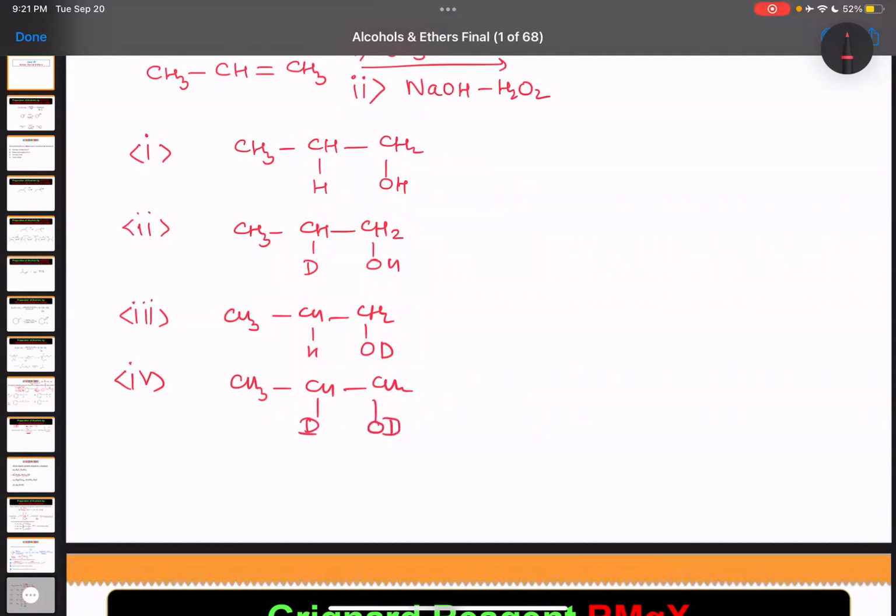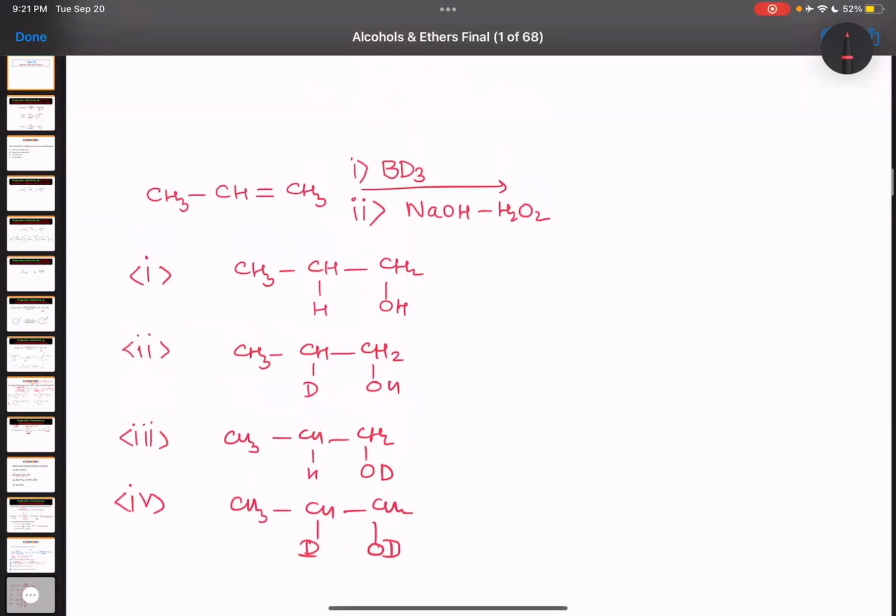What's going to be the answer to this? Sir, is it one? You need to check the isotopes. Actually, all are the same only. But you need to tell me more specifically where the H is going to get connected, where the D is going to get connected.